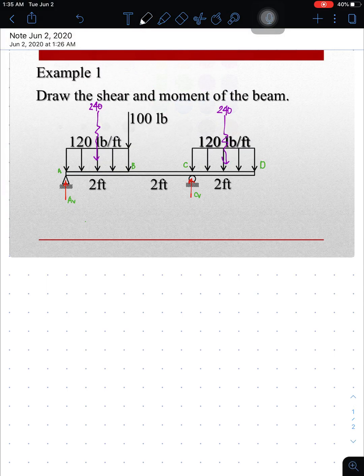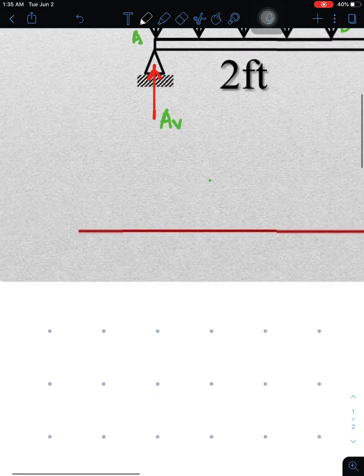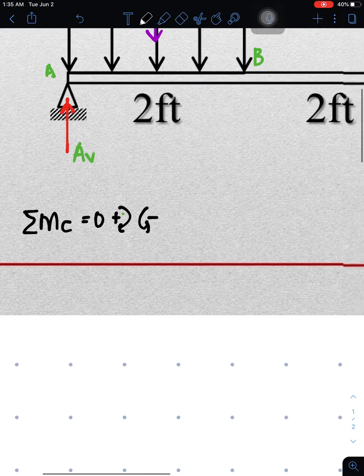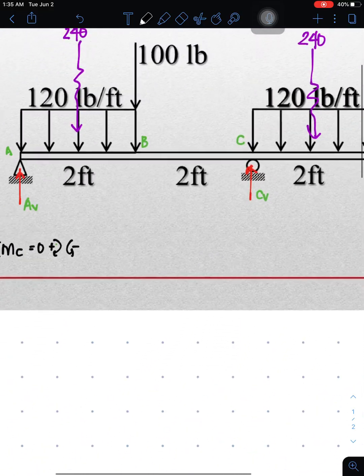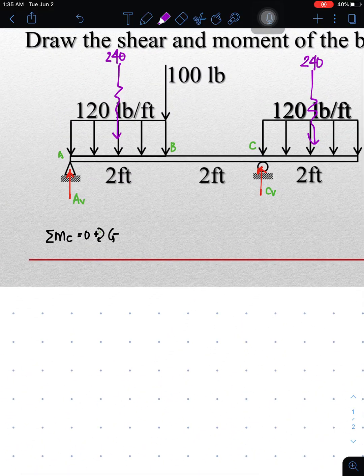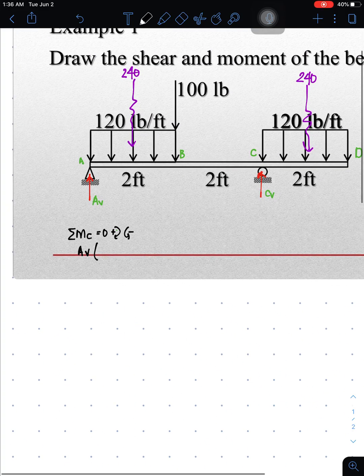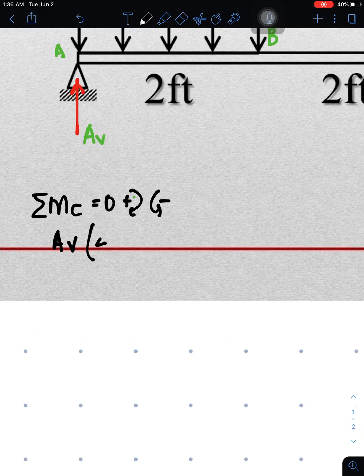So let's solve for the values. Summation of moment at point C, clockwise positive, counterclockwise negative. Remember, I'm summing up moments at this support here so that at least we can solve AV. So we have AV, and the moment arm is 4 feet.